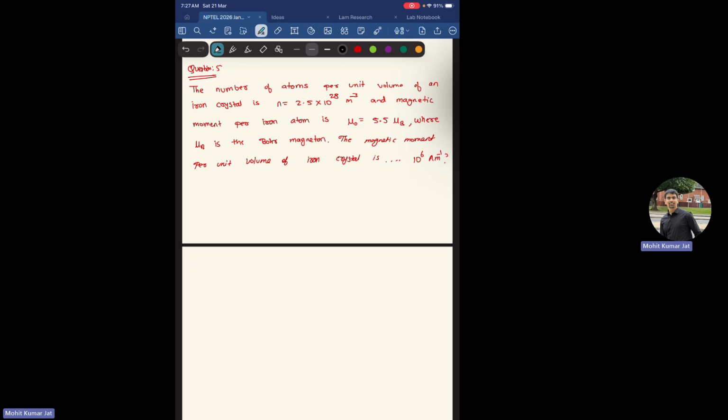So in the given problem, the carrier density is given and the magnetic moment per iron atom is also given, right? Now the question is asking what is the magnetic moment per unit volume of the iron crystal. So it's an easy question which can be easily solved.